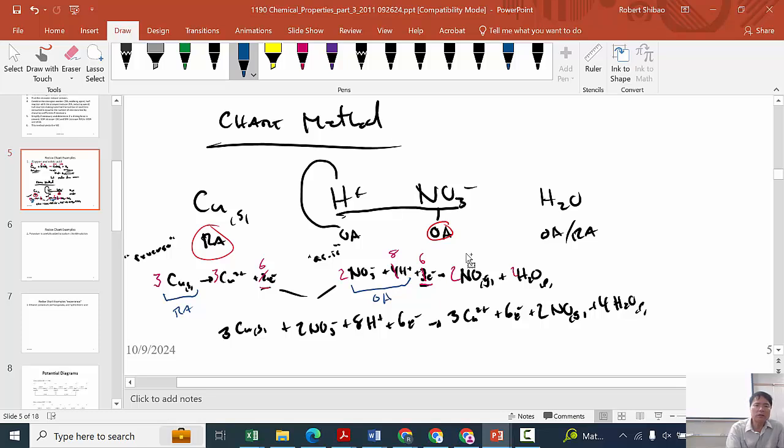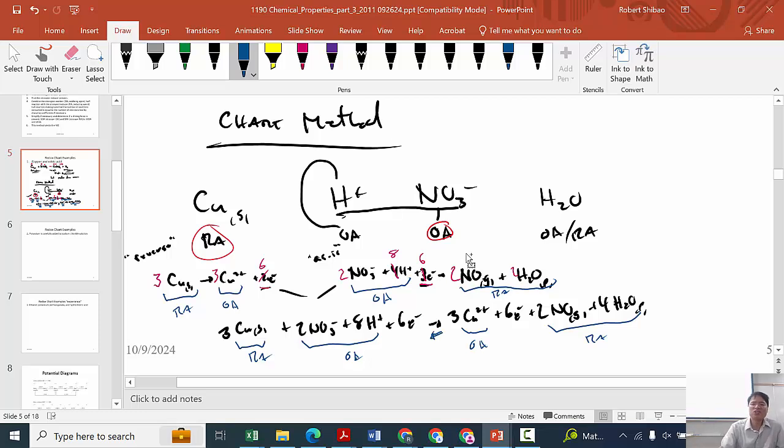And then we use the conjugate relationship. On the opposite, we have its conjugate oxidizer. So copper 2+ ions would be the conjugate oxidizer. On the opposite side of this, we'll have our conjugate reducer. And so we're going from copper, our reducing agent, nitrate and H+, this is our oxidizing agent. Copper 2+, this is our oxidizing agent going backwards. And NO plus 4H2O, this would be our reducing agent going backwards.